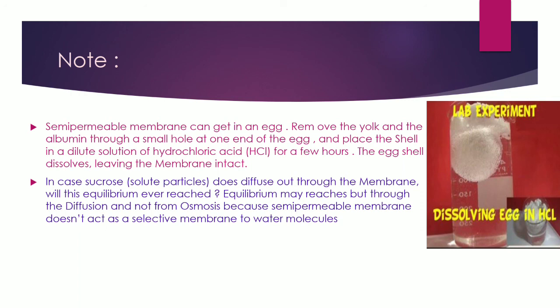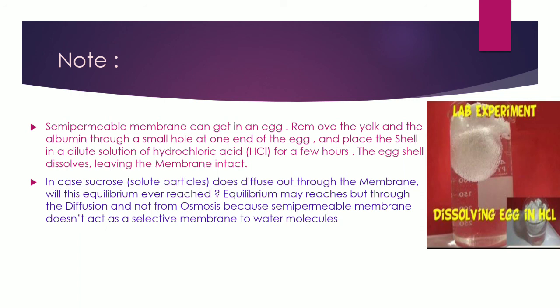In case sucrose solute particles do diffuse out through the membrane, will this equilibrium ever be reached? Equilibrium may be reached, but through diffusion and not through osmosis, because the semi-permeable membrane doesn't act as a selective membrane to water molecules.